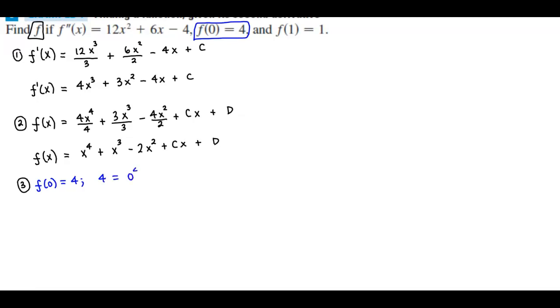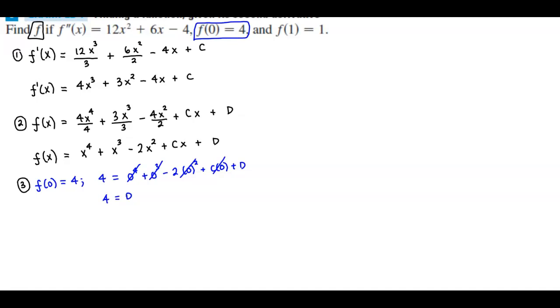So it's going to be 0 to the 4th power plus 0 to the 3rd power minus 2 times 0 squared plus c times 0 plus d. Well, since these are all 0, then we know that d is going to equal 4. So we know what d equals.